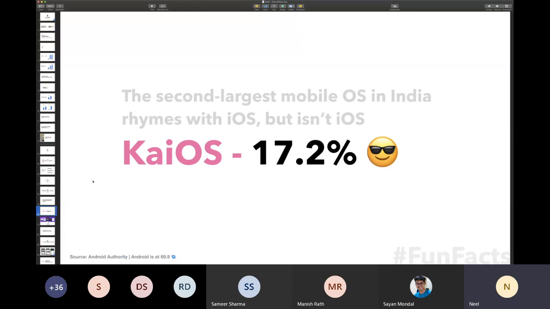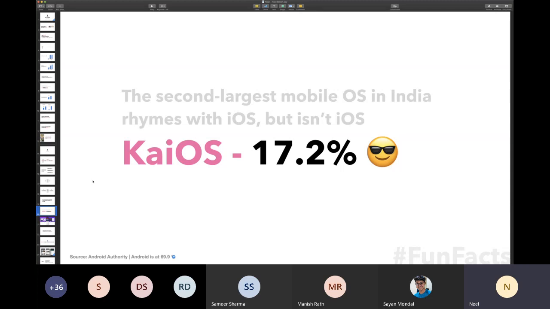It's something called KaiOS. KaiOS accounts for approximately 17.2% of the mobile phones in India. You might have seen a lot of KaiOS devices, but you might not recognize what the operating system underlying there was.